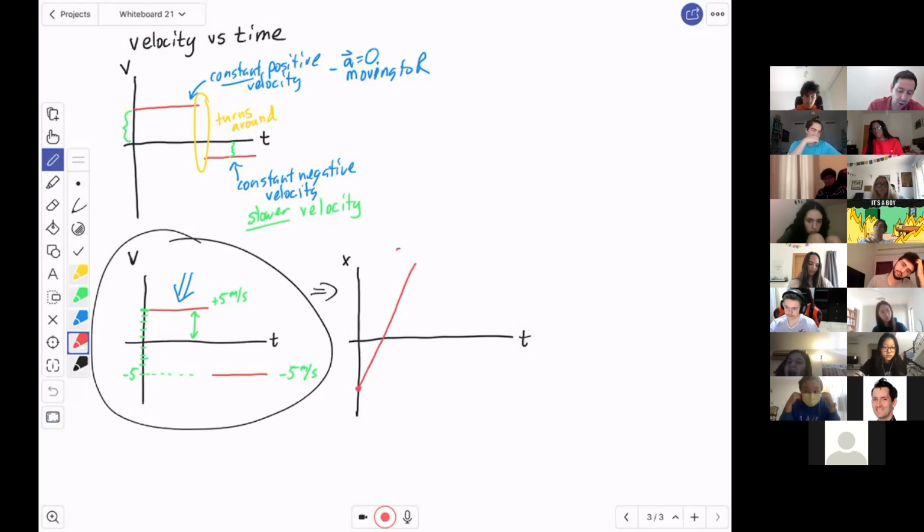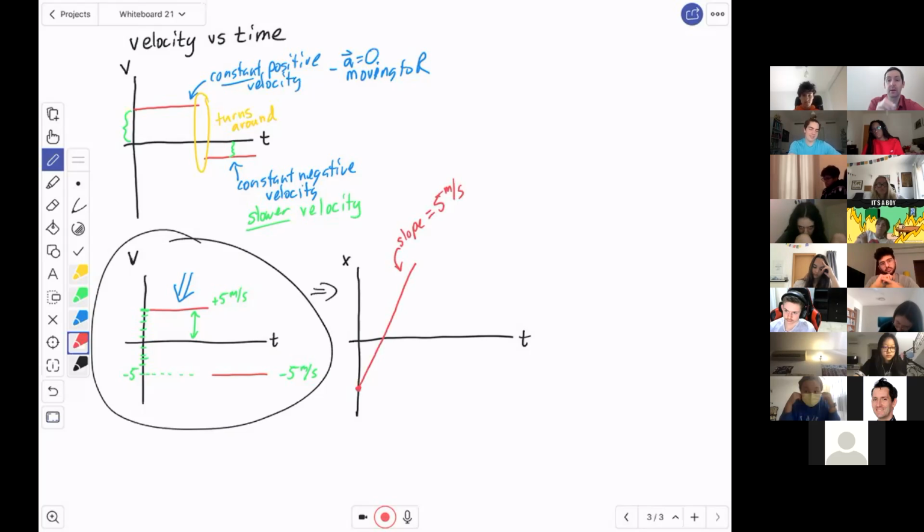Okay, my slope should be 5. Position up, meters over seconds. So it goes up 5 over 1, up 5 over 1, up 5 over 1. Awesome. Then what happens down here? It would be the same slope, but in this direction.